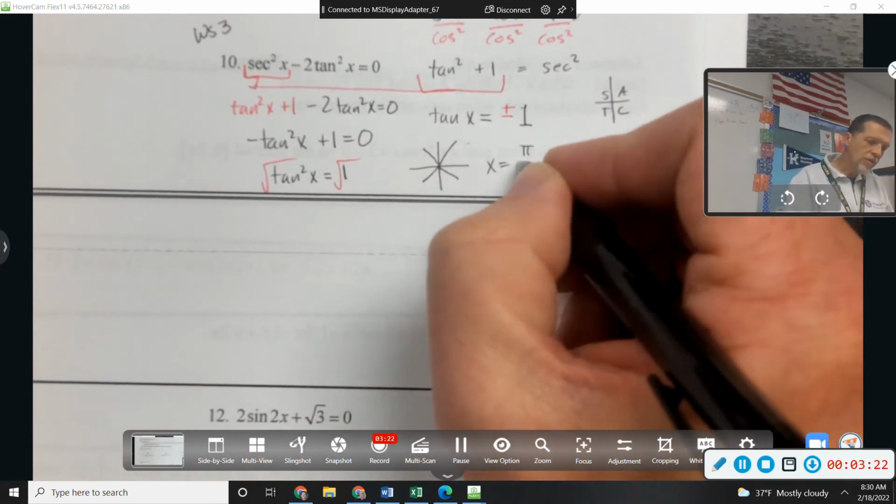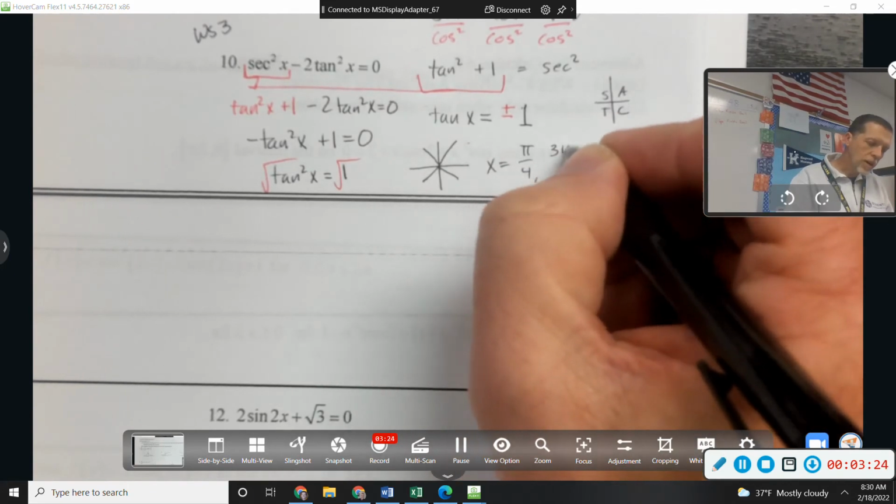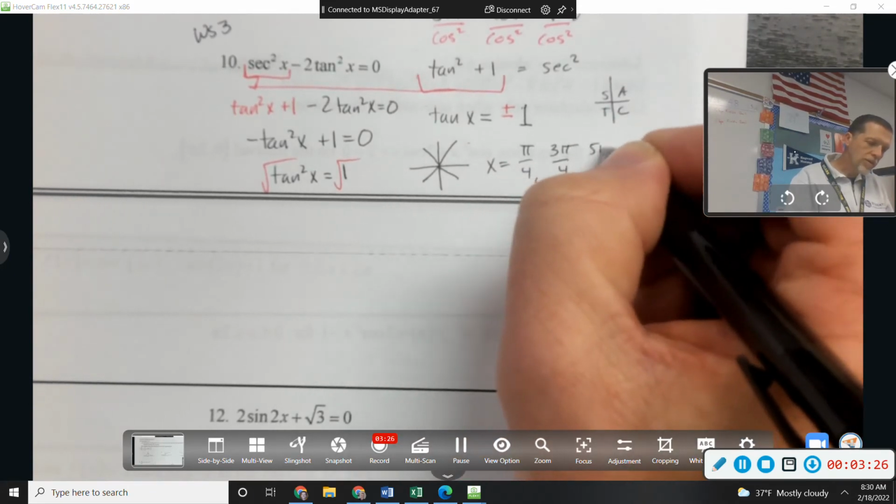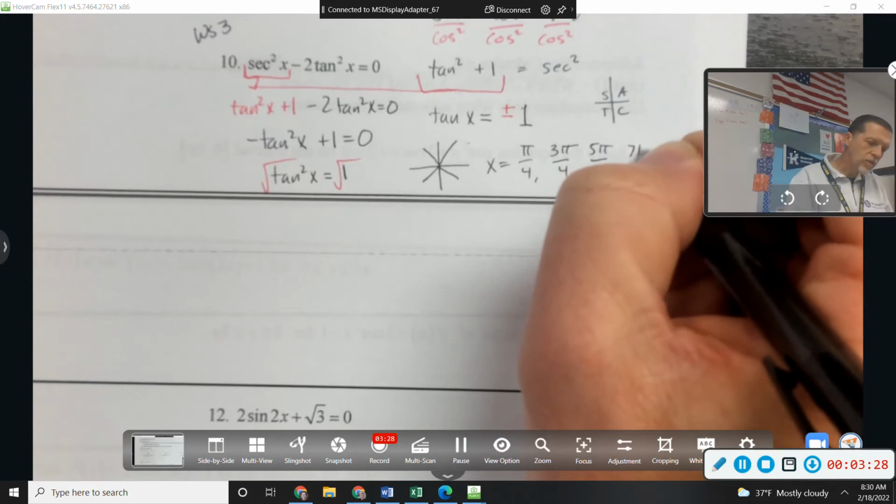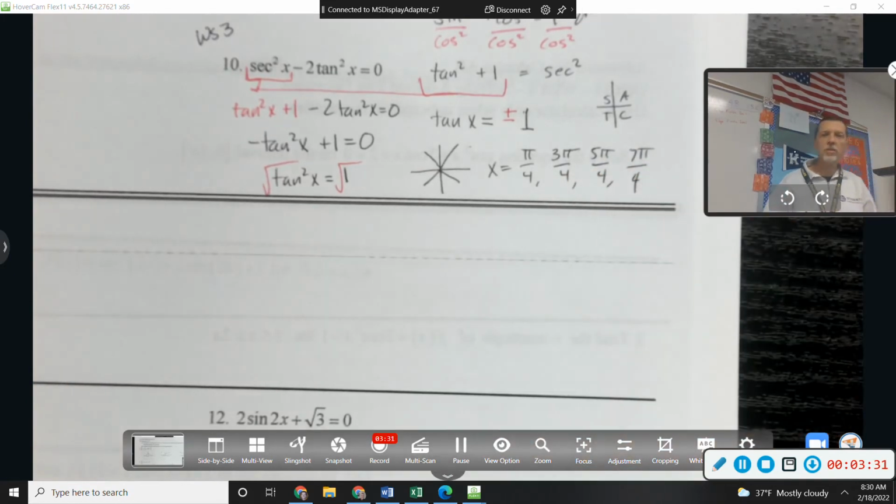So all the pi over 4s: pi over 4, 3 pi over 4, 5 pi over 4, 7 pi over 4. But the main part of that problem was that trig identity to start with.